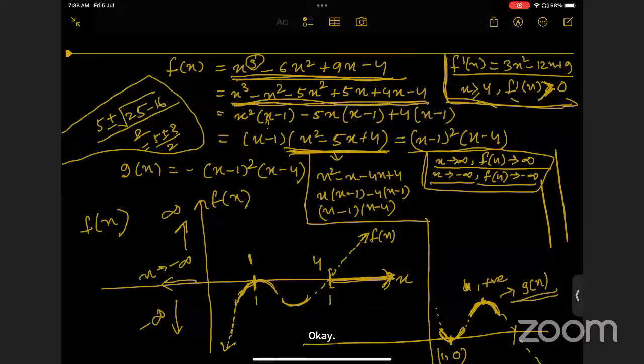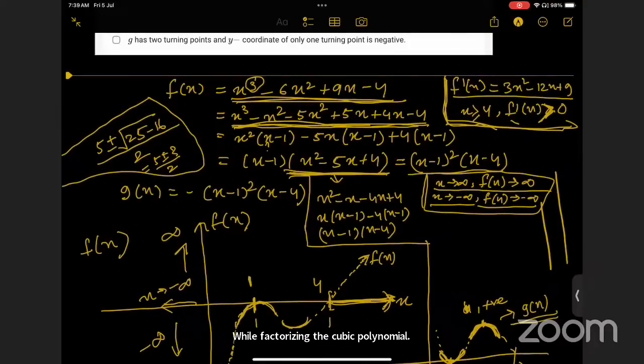Ma'am, how did you get that x square minus 5x square part in the second step while factorizing the cubic polynomial? X square minus 5x squared, where? Second step, f of x. That is what I already told, no?